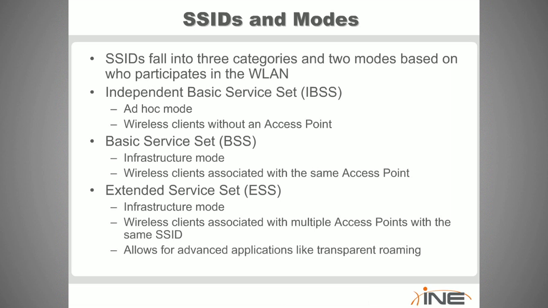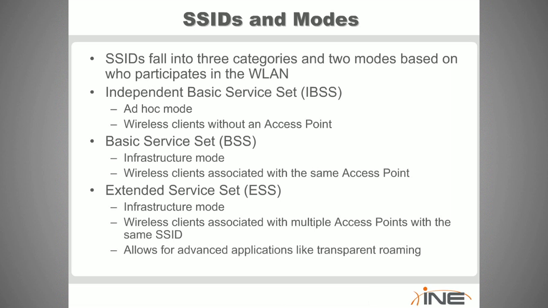Now, the ESS, the extended service set, also allows us to do some advanced applications with wireless, one of them mainly being transparent roaming. So as the client disassociates with one access point and reassociates with another, the goal is that we want it to be transparent from the application's perspective.